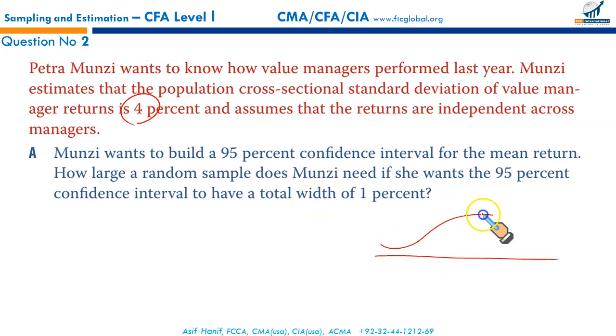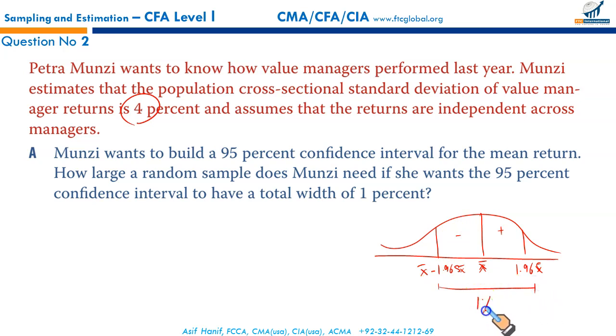We know a 95% confidence interval would mean x̄ plus 1.96 standard deviations on the positive side, and x̄ minus 1.96 standard deviations of the mean. We want this width to be 1%, so we're talking about this whole region.